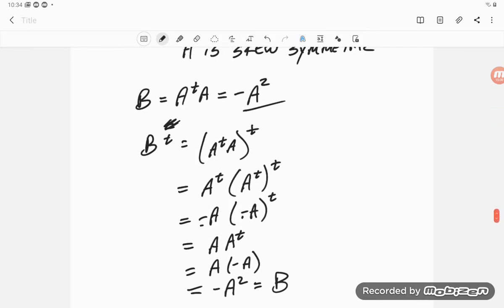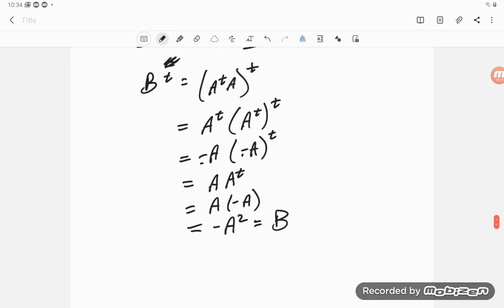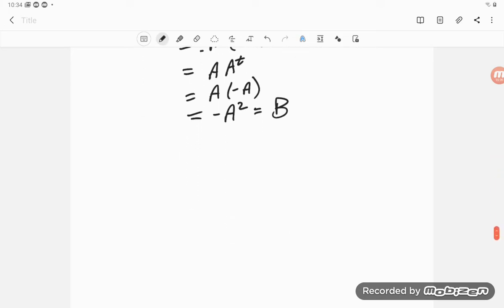That's interesting: with a skew symmetric matrix, when you do this A transpose A, you get negative A squared, whereas with a symmetric matrix, if you do that, you'll just get A squared.